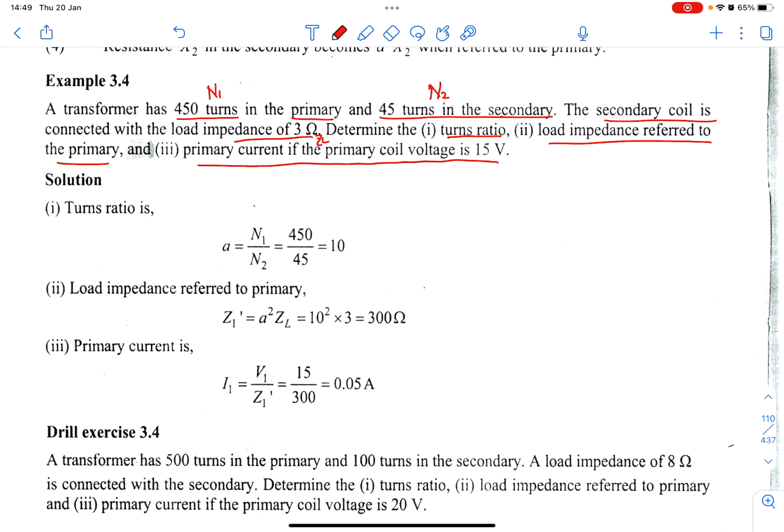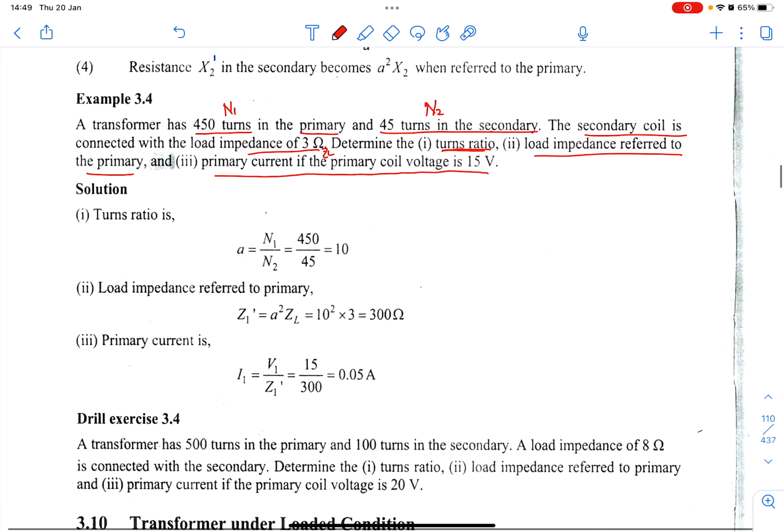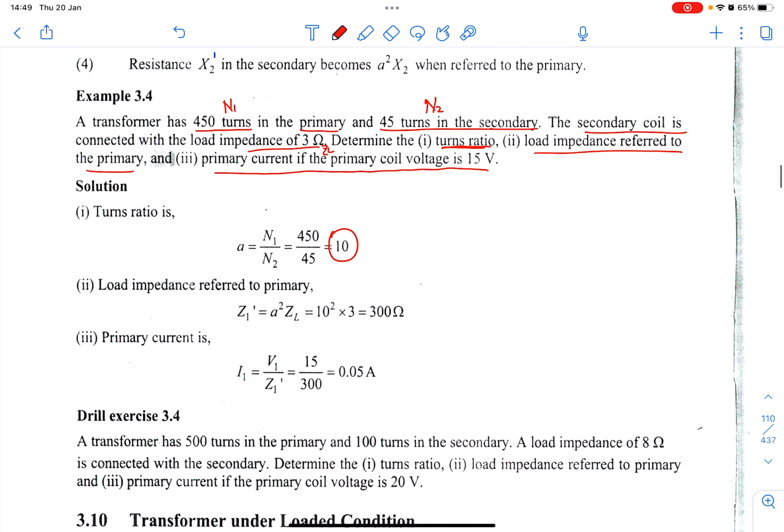So the first question is you need to calculate the turns ratio. So the turns ratio A is equal to N1 divided by N2 equal to 450 divided by 45, and this is your turns ratio. So di sini ZL1 divided by ZL2 equal to A square. Now you need to transfer this load impedance referred to the primary side. So you know that the load is connected to the secondary side.